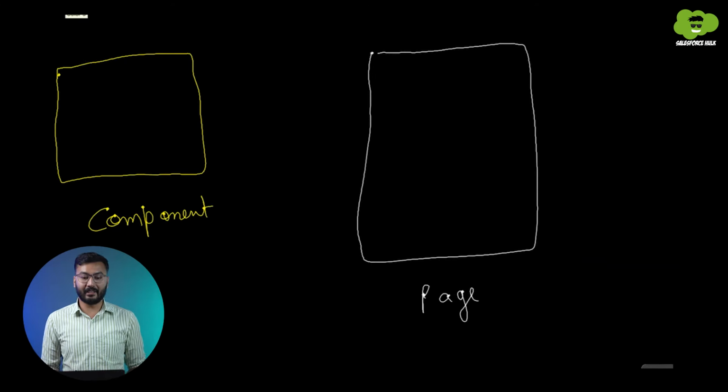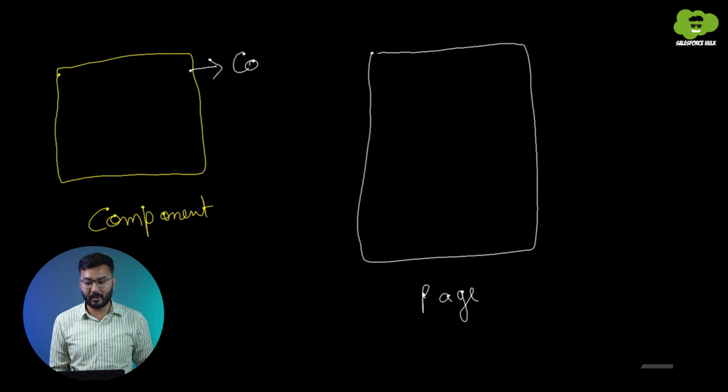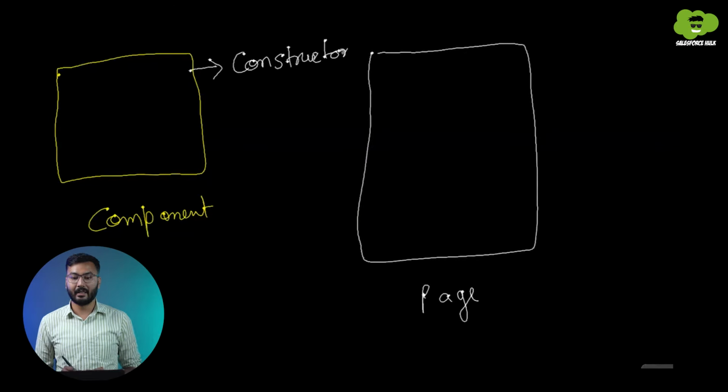Now, whenever this component is initialized, meaning whenever Salesforce starts creating this component in the backend, then one method will be called, and that method will be known as what? Constructor.